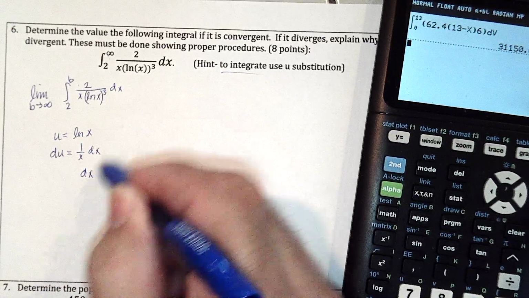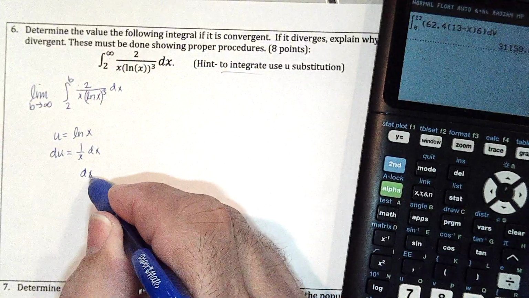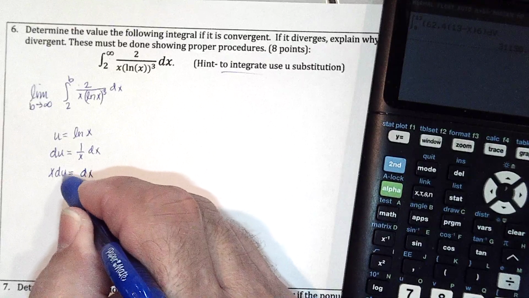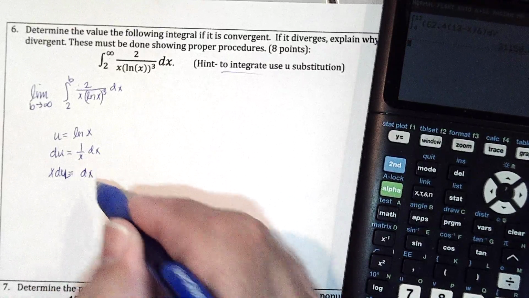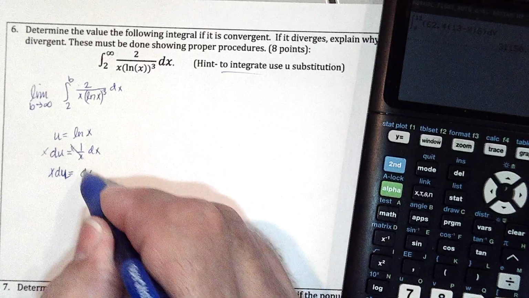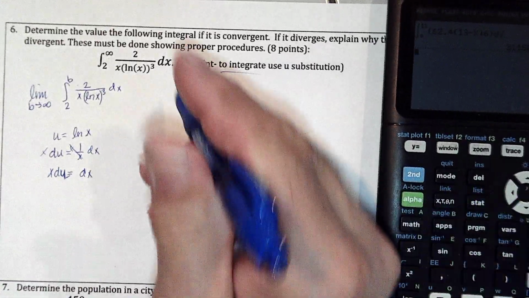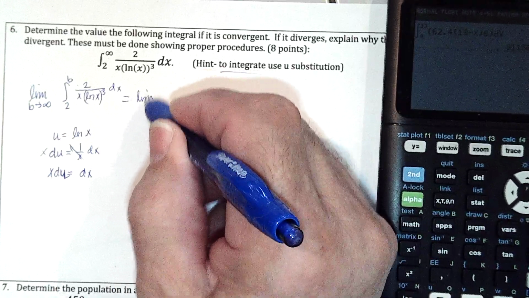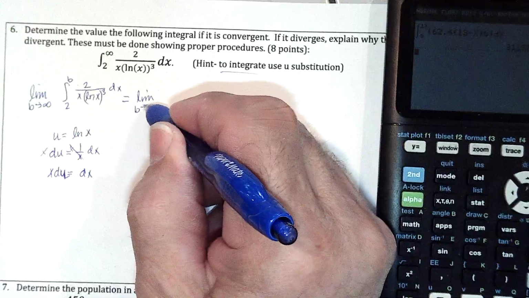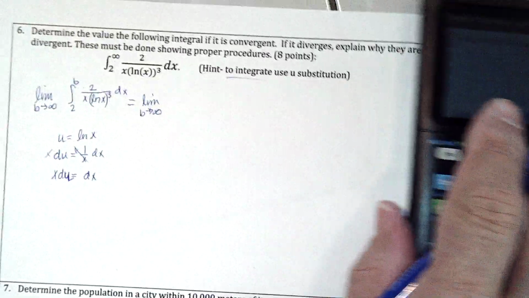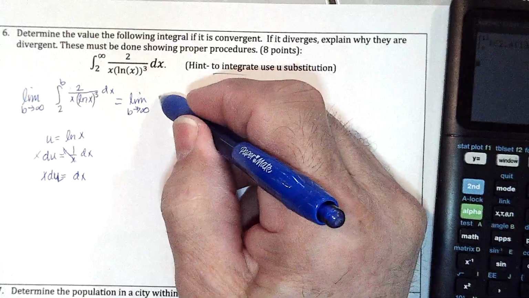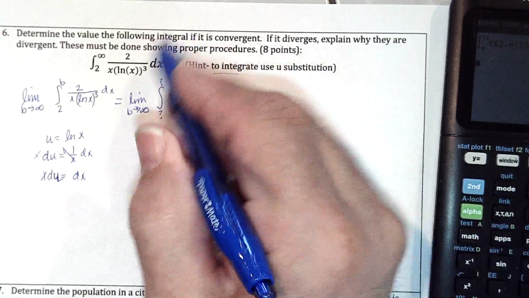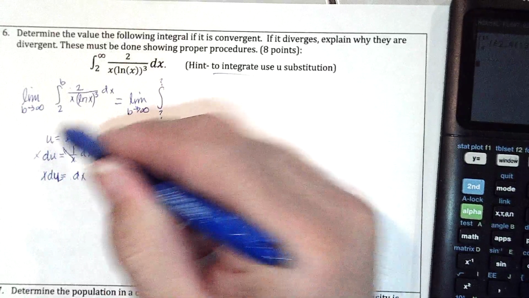So dx, we're going to replace the dx with x du, multiplying both sides by x. So I have the limit as b approaches infinity, integral from don't know to don't know, because I'm changing to a u variable.